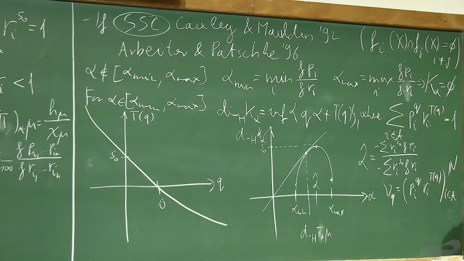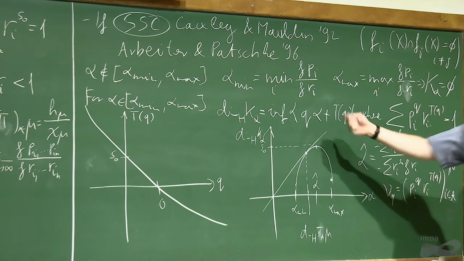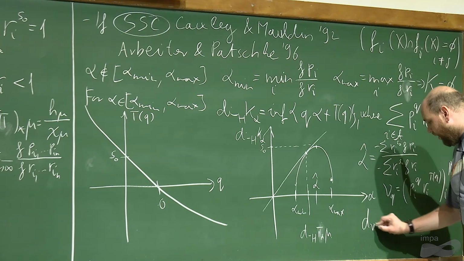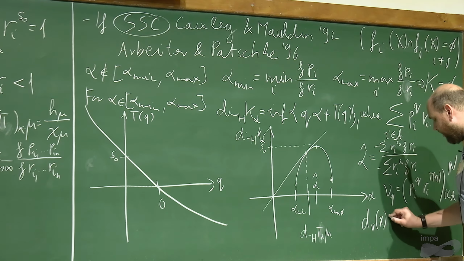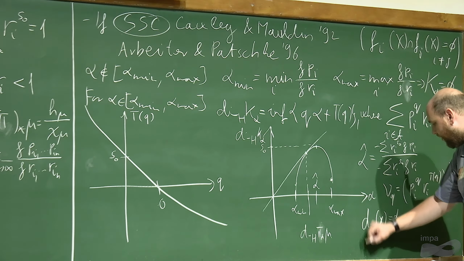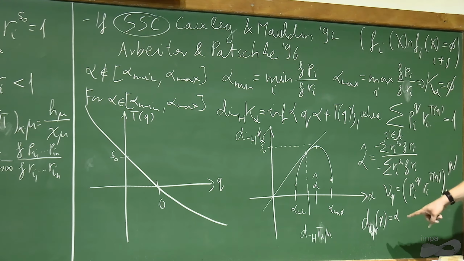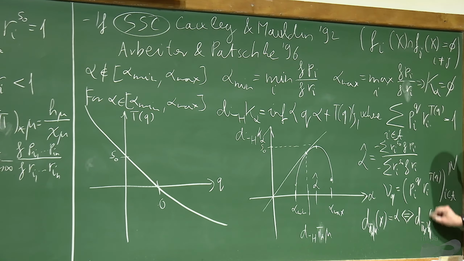And what allows you to analyze this K alpha set is the following statement: the local dimension of my measure mu is alpha if and only if the local dimension of this nu_q measure at the same point is q times alpha plus t(q).